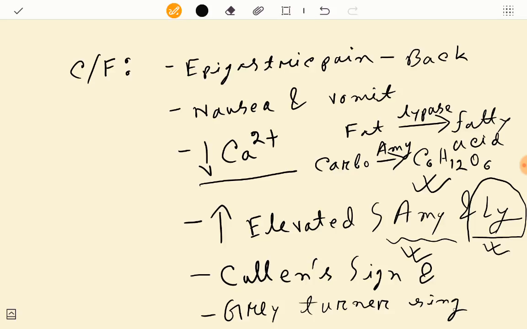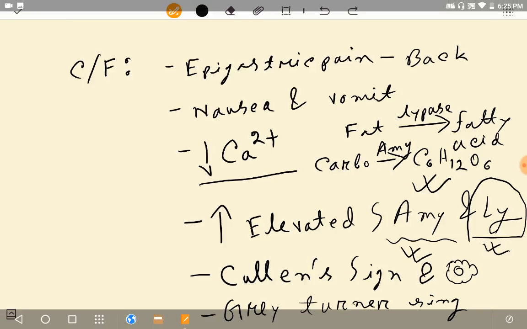In Cullen sign there is frank hemorrhage in the periumbilical area; there will be hemorrhage surrounding the umbilicus. I will show you one picture. And in Grey Turner sign there will be retroperitoneal hemorrhage. So in the retroperitoneal area there will be hemorrhage or bleeding during acute pancreatitis.